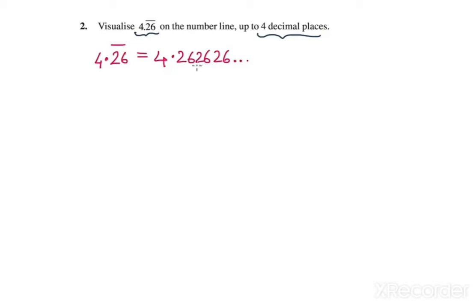So up to 4 decimal places it can be rounded off as 4.2626. So if I have to round it off, I can round it off as 4.2626 up to 4 decimal places. This means that 4.26 bar will lie between 4.2626 and 4.2627.